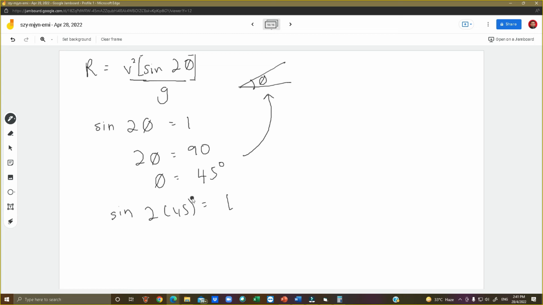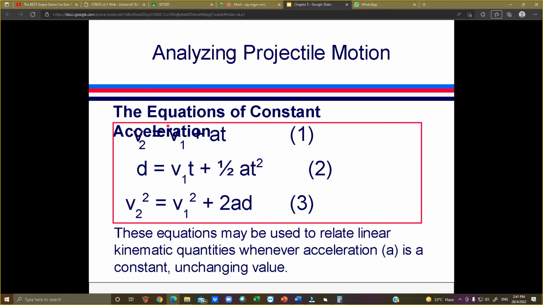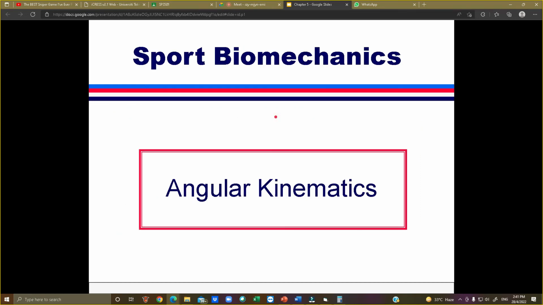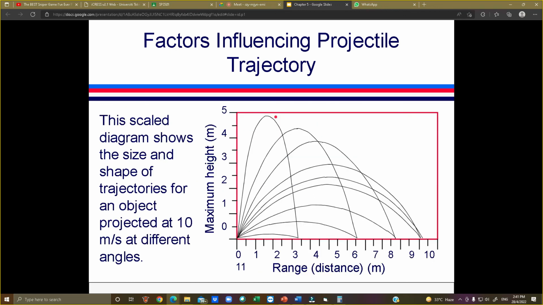Okay, dalam nota pun dia ada cerita benda yang sama. This one. Okay, kita tengok yang ini. This shows maximum height and maximum range. The difference is just towards angle. If we take a look at this, we are going to notice that every two angles have one similar range.